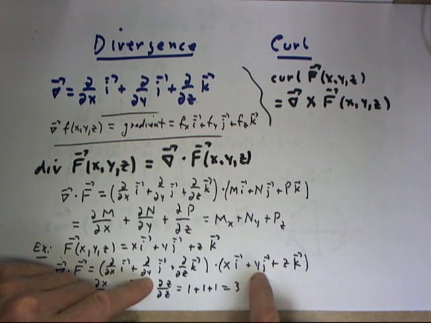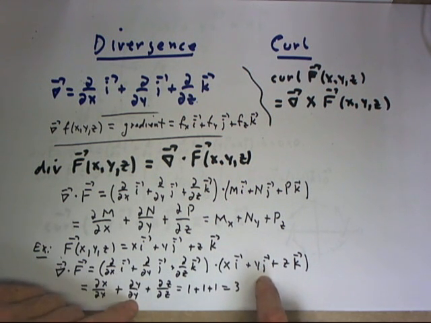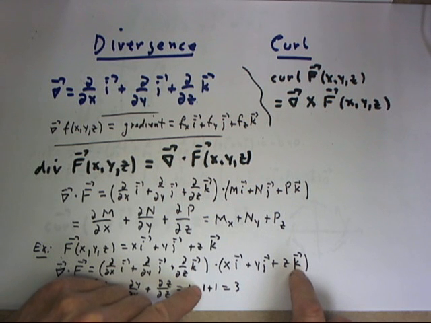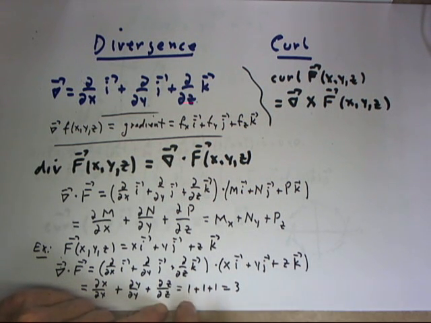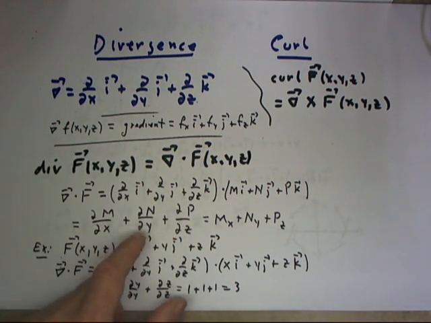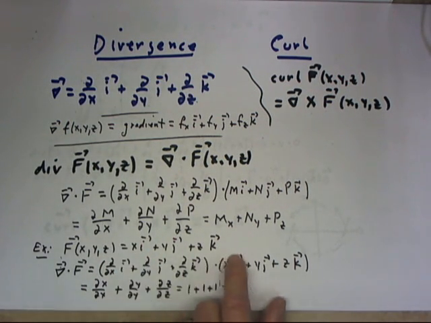The y derivative applied to y gives us partial y with respect to y, and we get partial z with respect to z. 1 plus 1 plus 1 is 3. So the divergence of this function at any point, at any x, y, z, is 3.